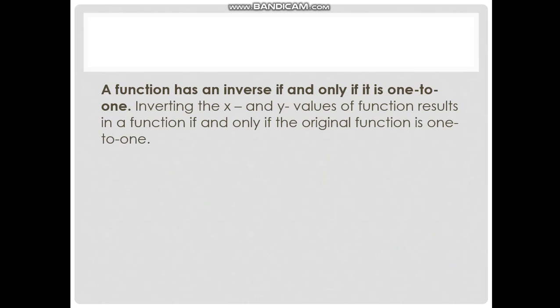Inverting the x and y values of a function results in a function if and only if the original function is 1 to 1. So given the set of ordered pairs, say for example, we have here 2, 4, 3, 5, 6, 1.